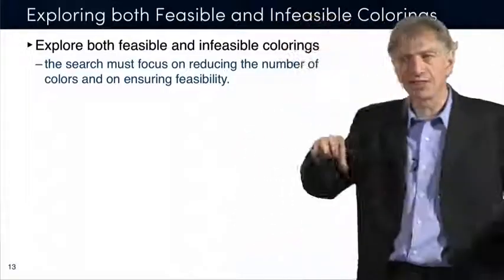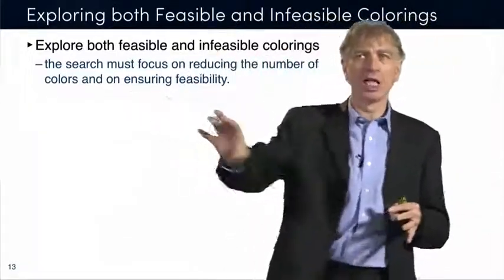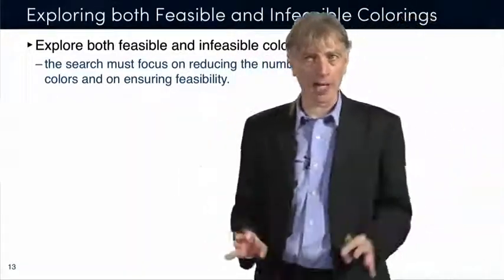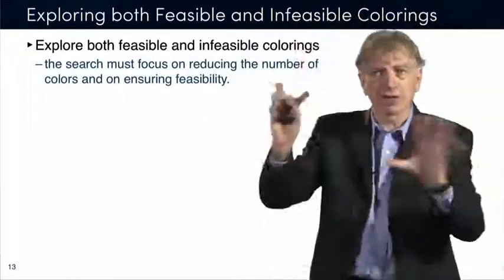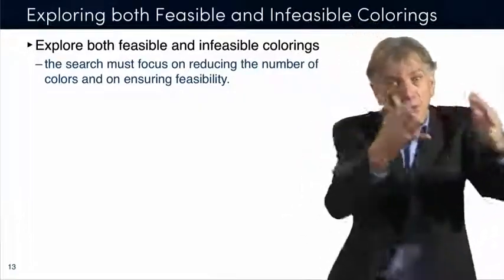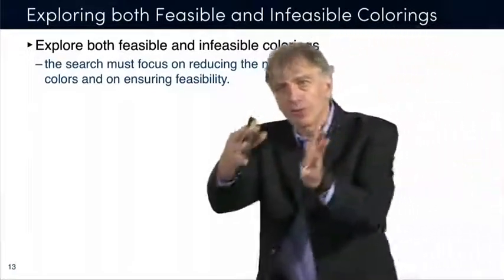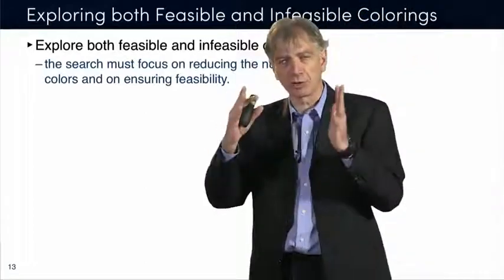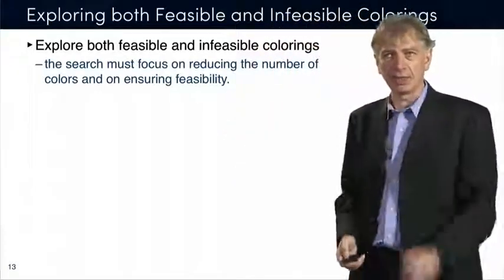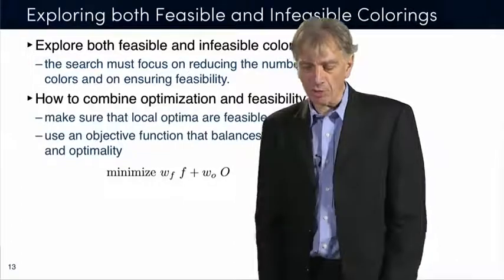I can be feasible at some point in the search and sometimes infeasible as well. And so now the search will focus on two things at the same time. We will have to focus on decreasing the number of colors, and also on decreasing the violations of the constraints, trying to ensure feasibility and find a legal coloring. So how do I do that?